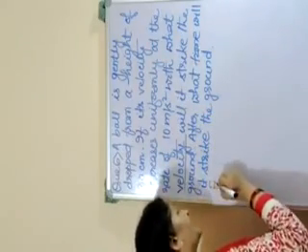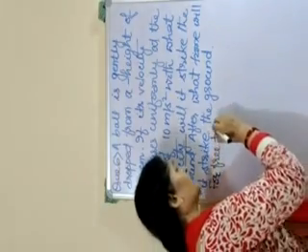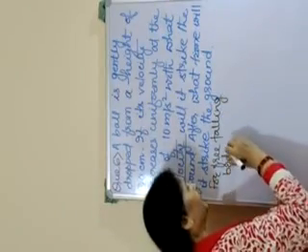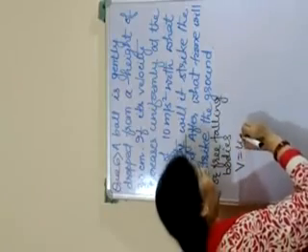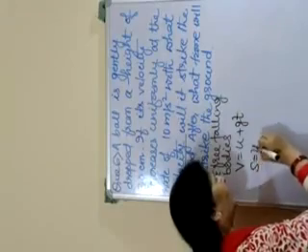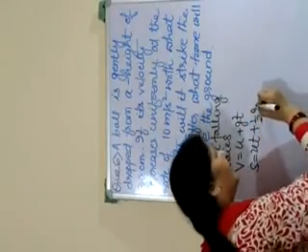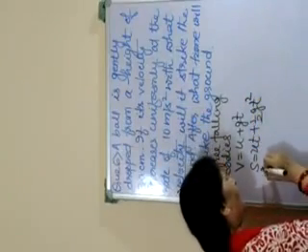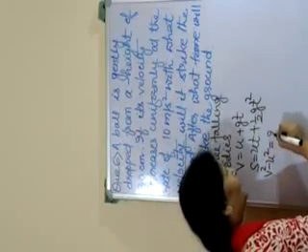For freely falling bodies, v is equal to u plus gt, S is equal to ut plus half gt square, and v square minus u square is equal to 2gh.